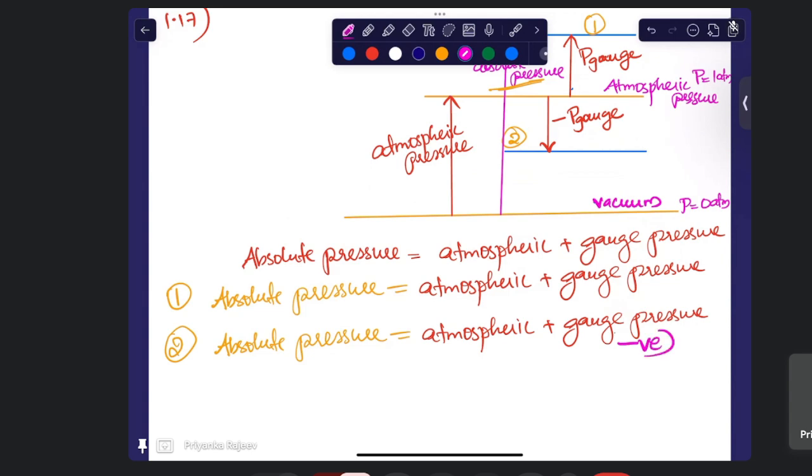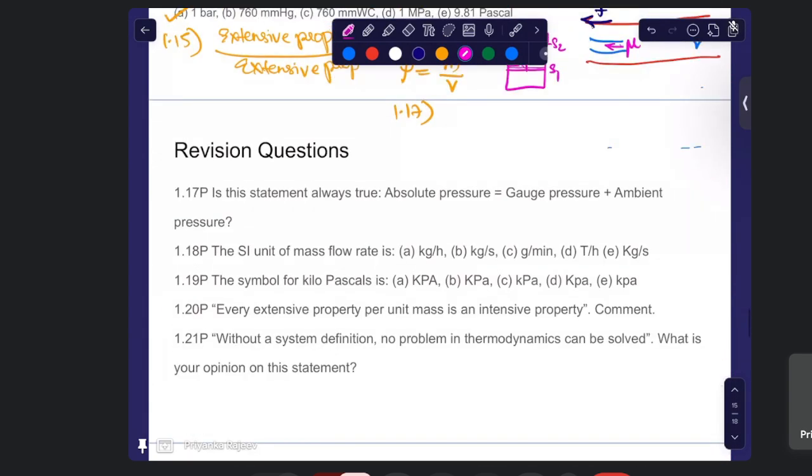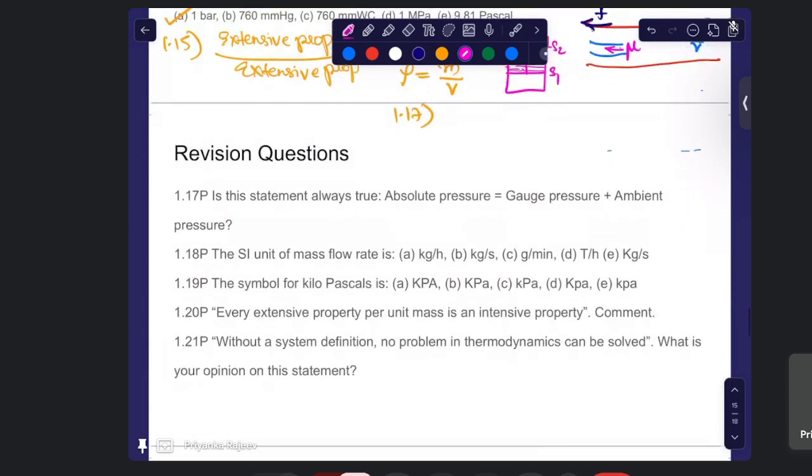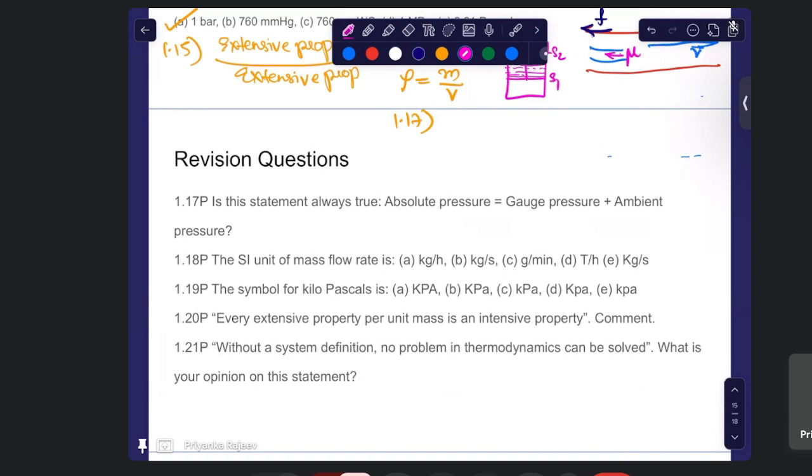It is additive, but the gauge pressure value will be negative. Okay, so that is the concept of gauge pressure, absolute pressure, and ambient pressure. Ambient pressure means atmospheric pressure.